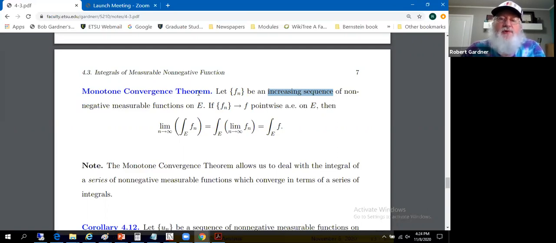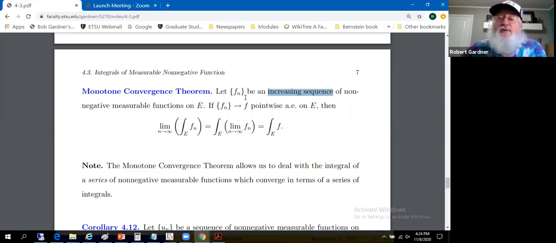The monotone convergence theorem deals with a monotone increasing sequence of functions. What that means is pick an x value, any x value in set E, and consider the corresponding numbers, f sub 1 of x, f sub 2 of x, f sub 3 of x. That is, plug a specific x value into this sequence of functions.